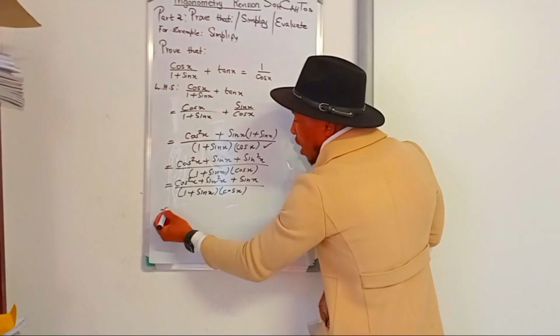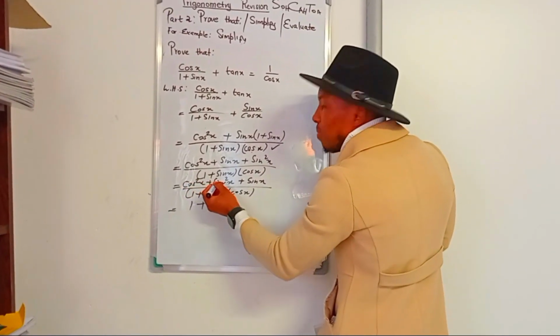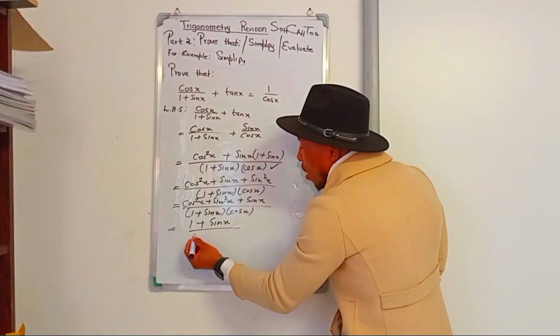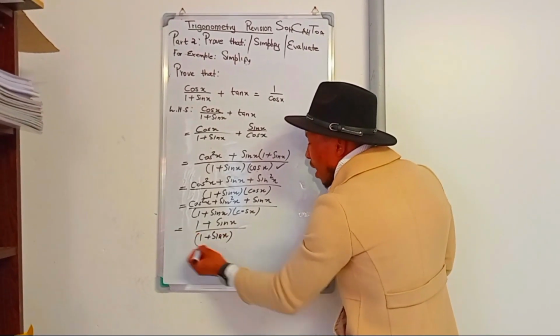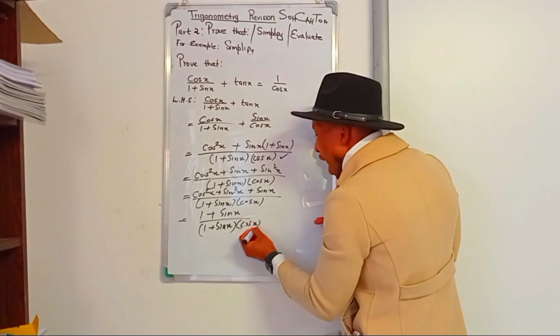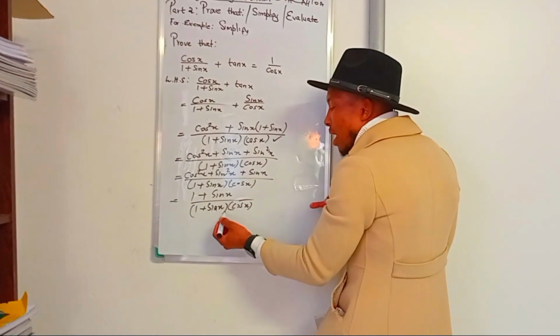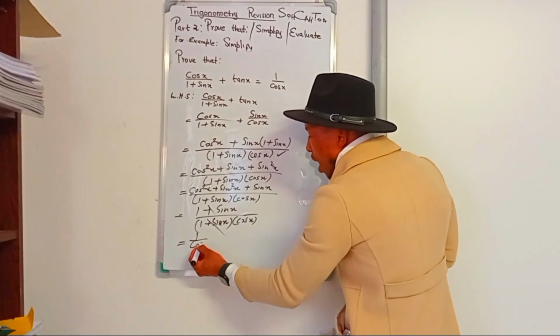Here we have 1 plus sine x over 1 plus sine x, then into cos x. As you see now, this one cancels with this one, and we are left with 1 over cos x.